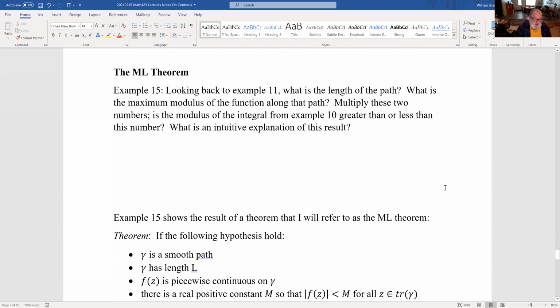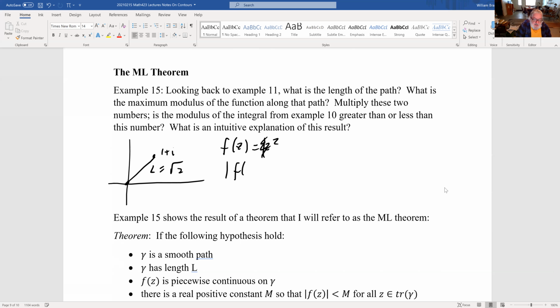So we were integrating in example 11 from 0 to 1 plus i, and the length there is square root of 2. And the function that we're integrating is z squared.